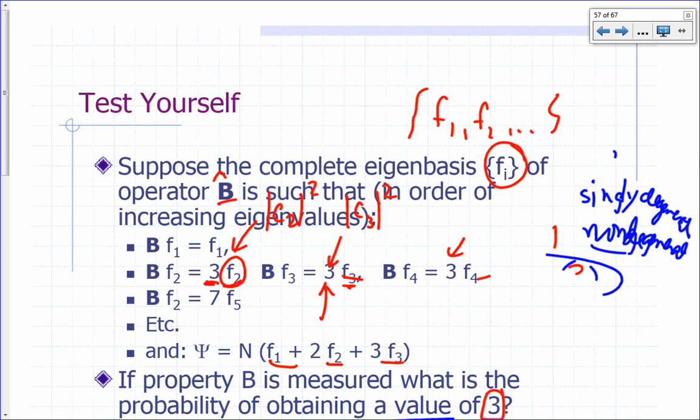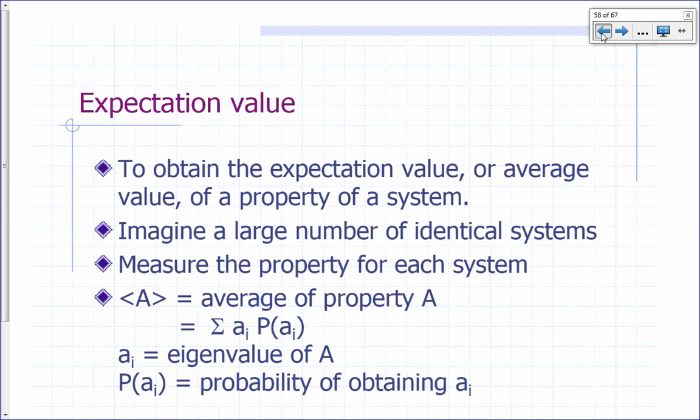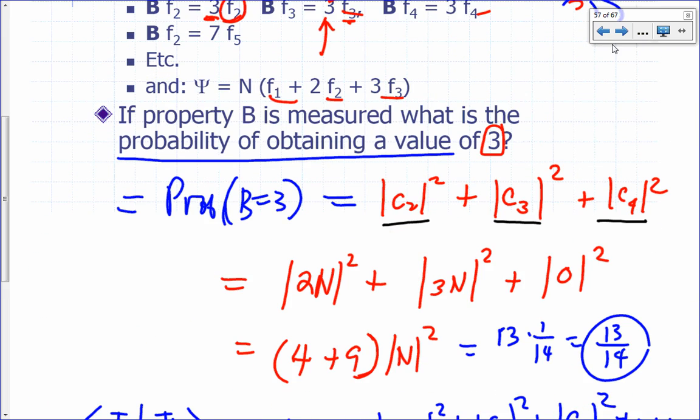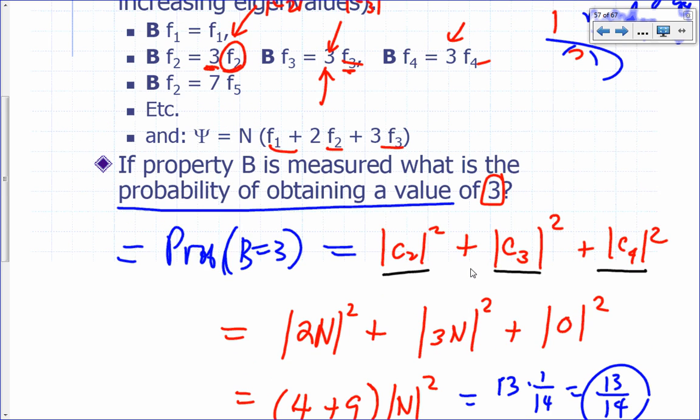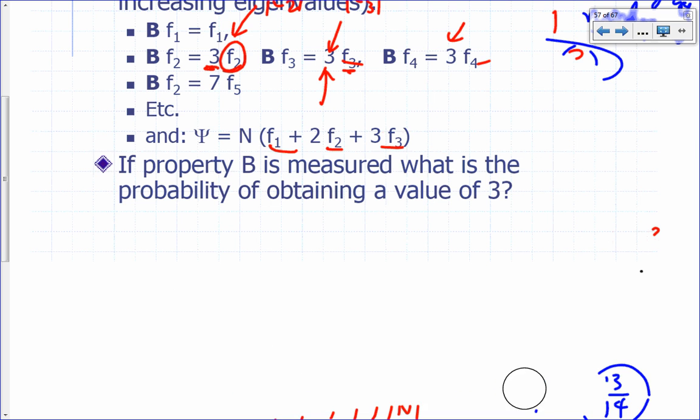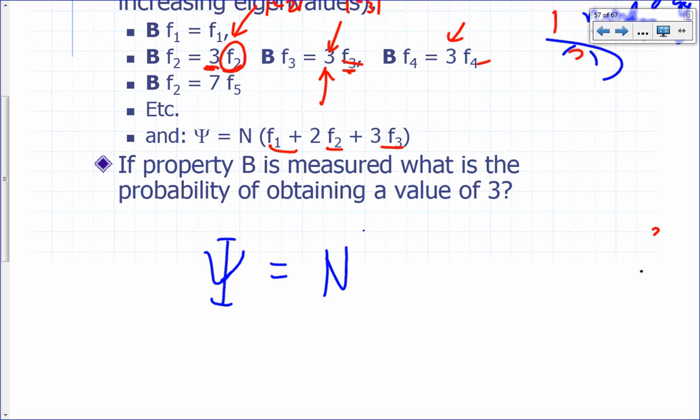Let me give you another simple example. What if psi is equal to normalization constant times 3f1 plus 4f3? Okay?